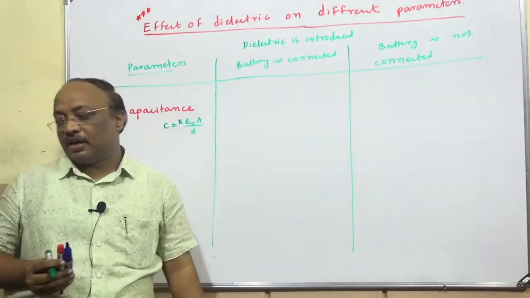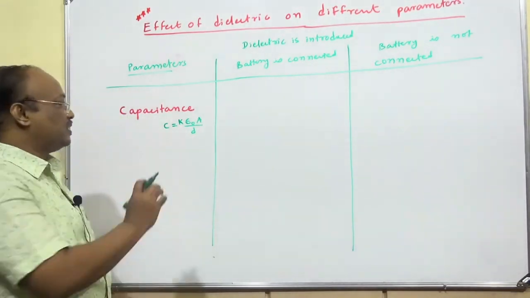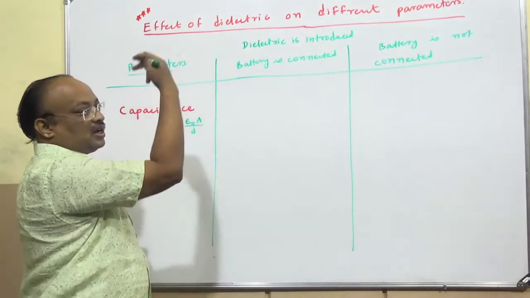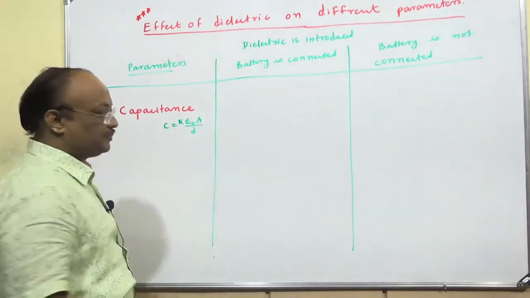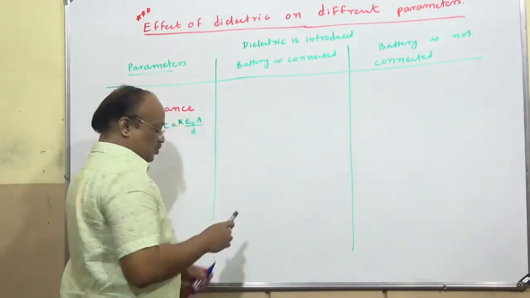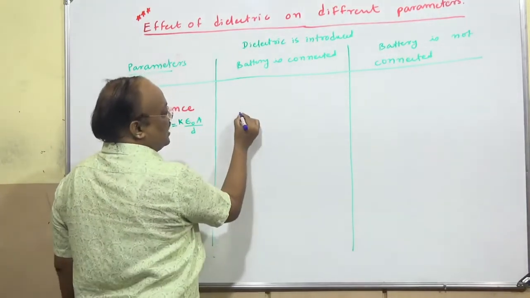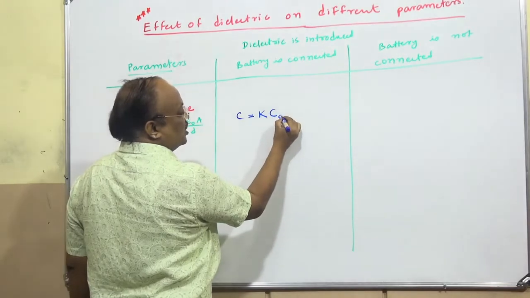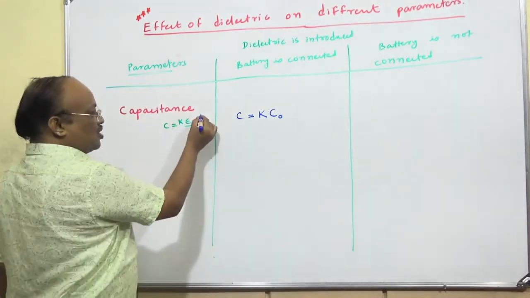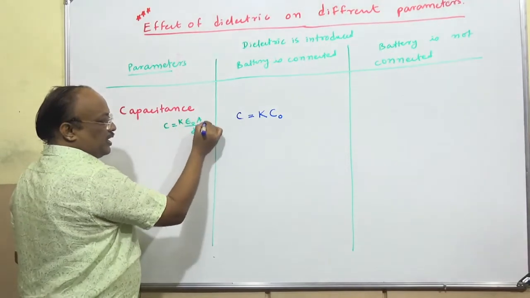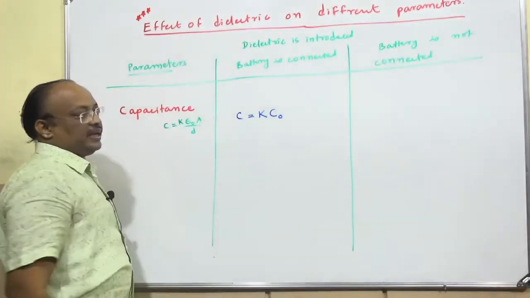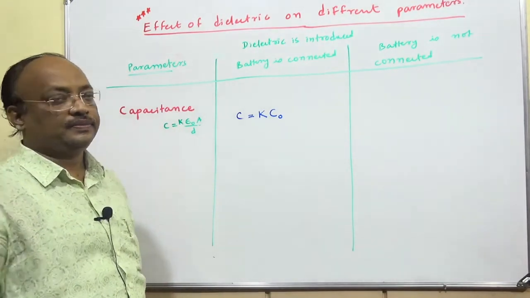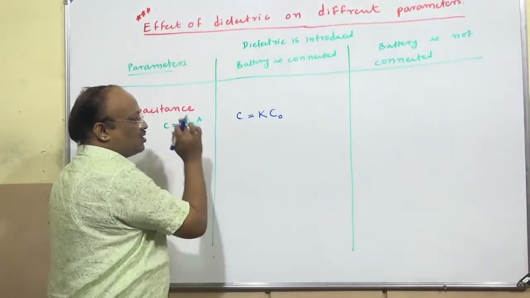So what happens there? Since you have introduced the dielectric, the capacitance of the capacitor increases. C is equal to K times C naught, because epsilon naught A by D is our initial capacitance before introduction of the dielectric, which I have taken as C naught.